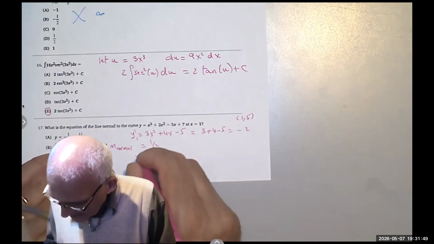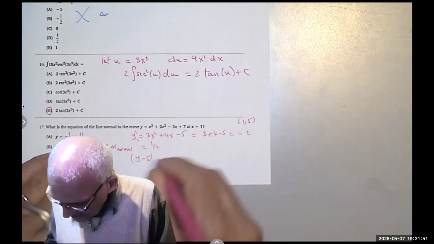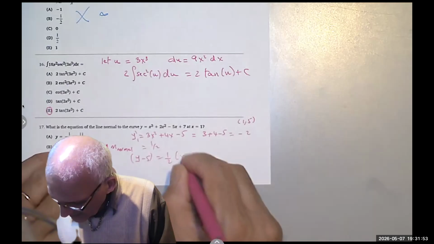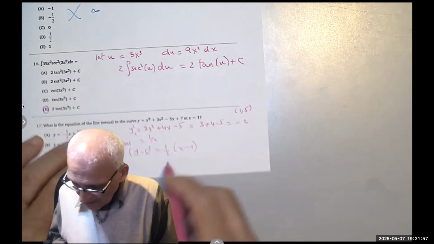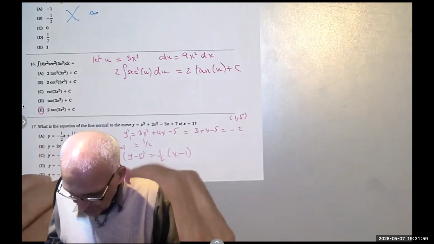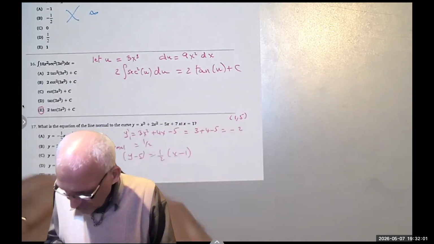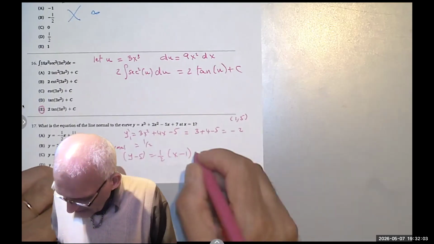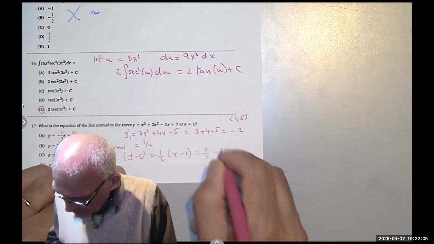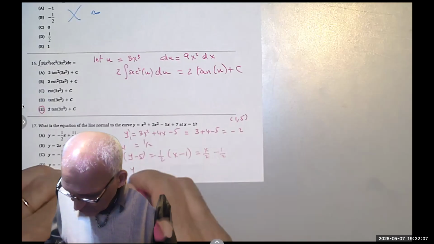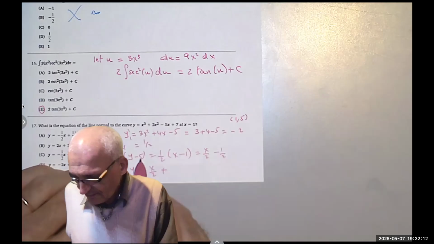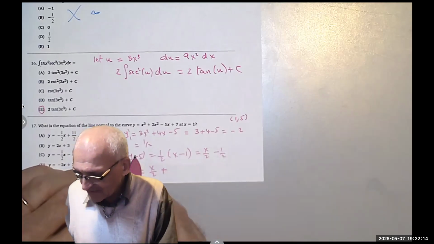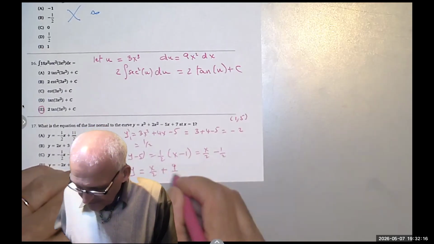And now you write the equation of that line. You say y minus 5 equals 1/2 times (x minus 1), right? The slope-point form. I can multiply both sides by 2, or if they don't want it that way, you would say y equals x over 2 minus 1/2, and then you add 5 to both sides.